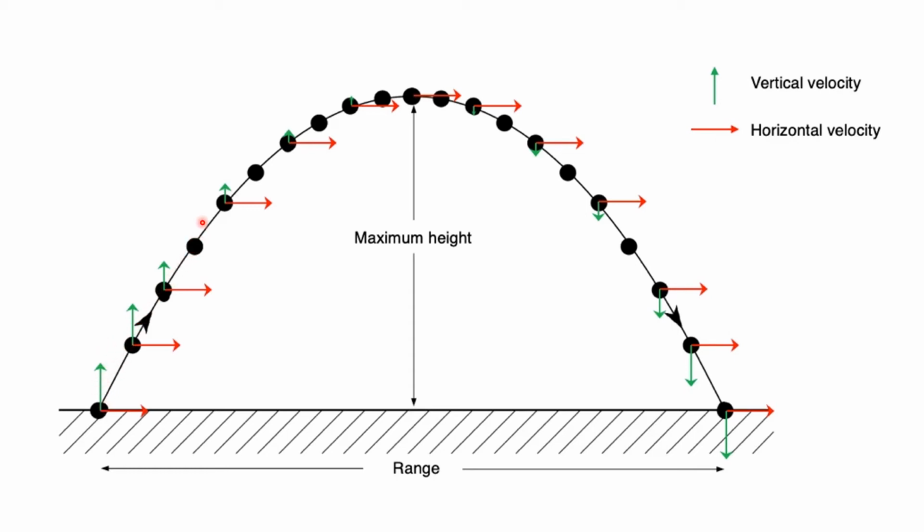But this is just like throwing a ball in the air. Gravity is going to accelerate it downward. So that's going to make it slow down as it reaches the peak up here. And right at this peak, up here at the top, its vertical velocity is 0.